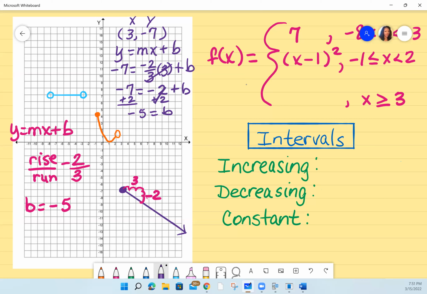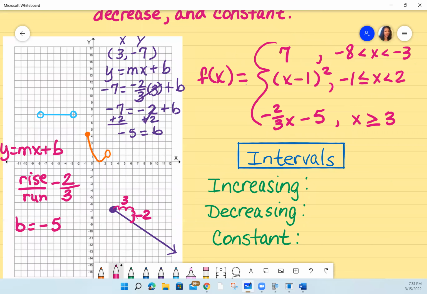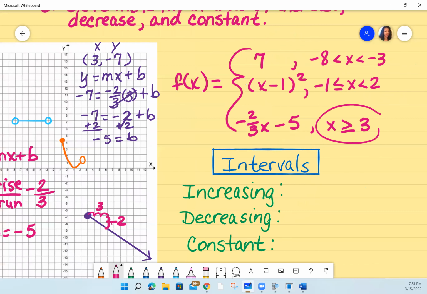Why is that important? Because that helps me to determine what my rule is. My rule is going to be -2/3 x minus 5. And if I wanted to know if all of this is true, all I have to do is follow my condition.